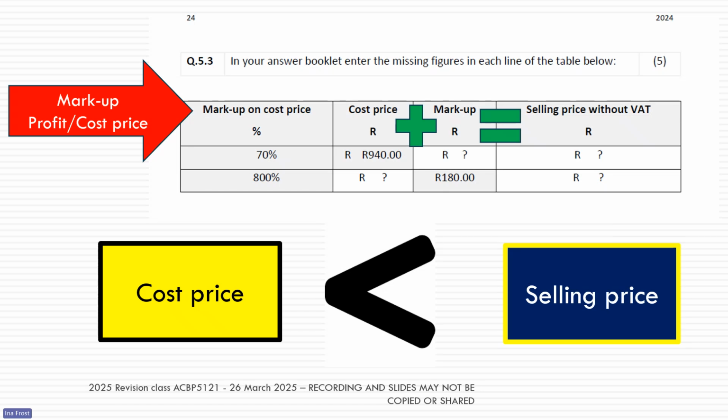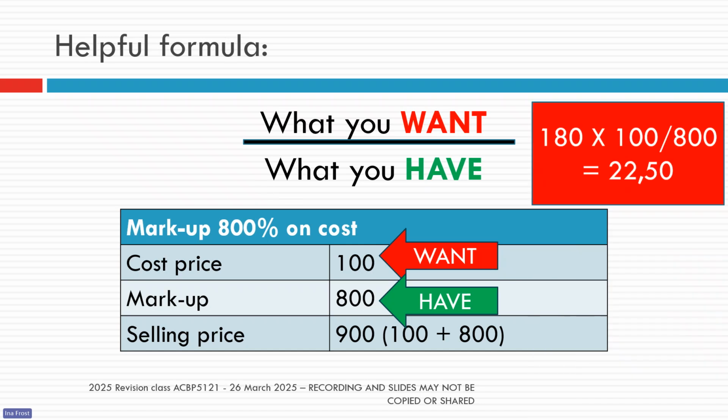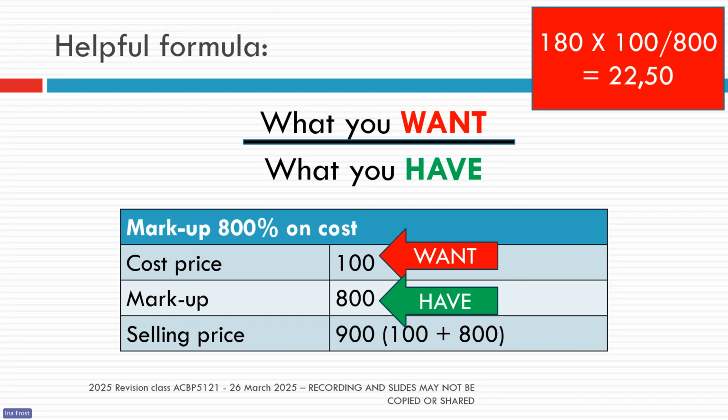We've got a huge markup percentage here. We've got an 800% markup. Don't let that 800% throw you out. We're still applying our same principles. So we're still going to say, what do I want and what do I have? What have I got? I've been given the profit and I want to figure out what was the original cost price.